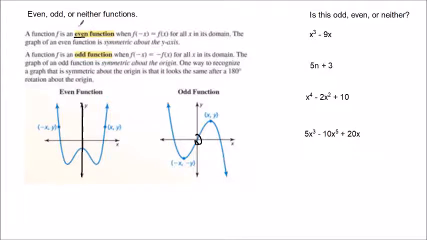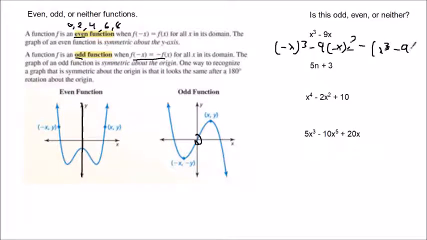When you think of even functions, it's like 2, 4, 6, that's even numbers, right? So if you look at, for example, x cubed minus 9x, they all have odd exponents, so it'll most likely be an odd function, because we'll test it out right now. f of negative x is equal to negative f of x. So let's do negative x cubed minus 9 times negative x. Is that equal to negative x cubed minus 9x?